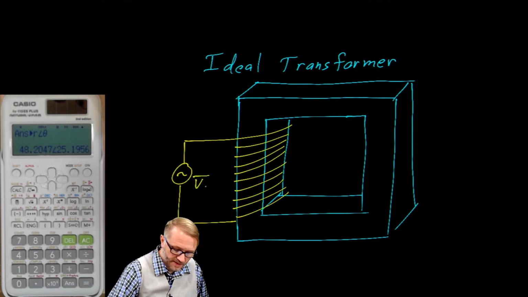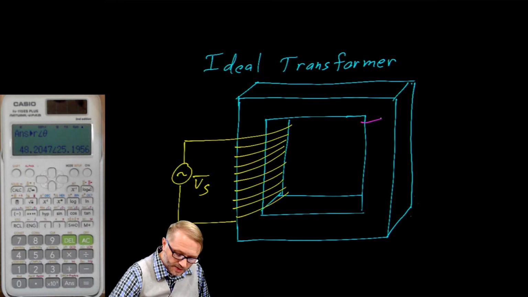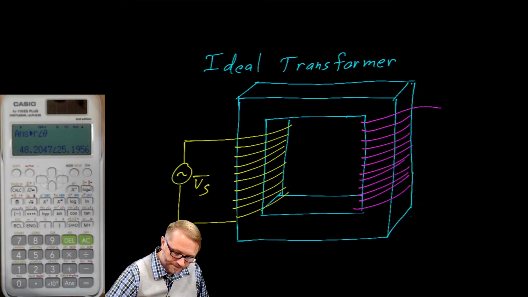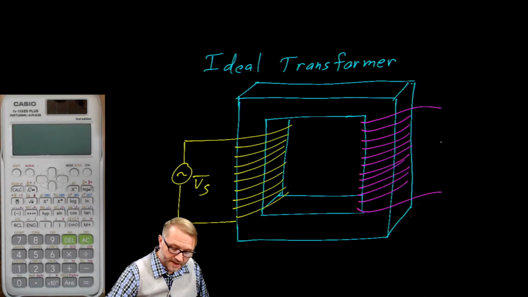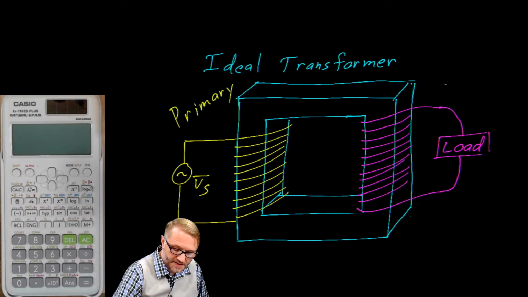We'll let that be the source voltage. On this side, which we'll call the secondary, we'll again place many turns of insulated wire, which will be connected to our electrical load. We called this the primary side, and we called this the secondary side.